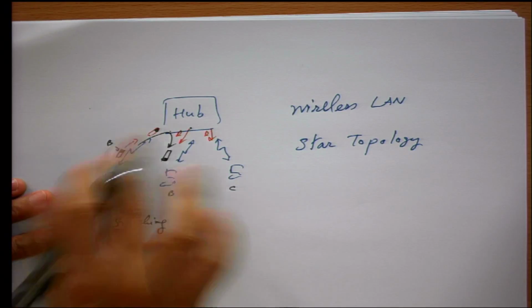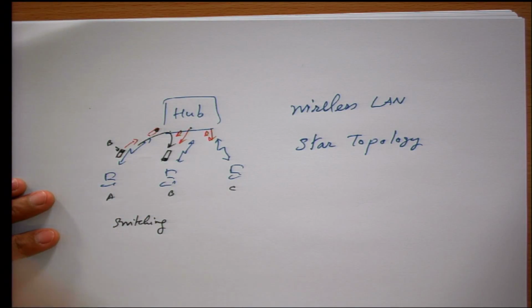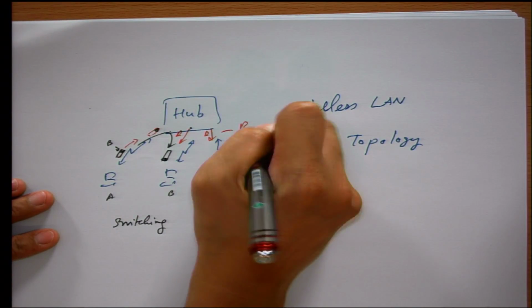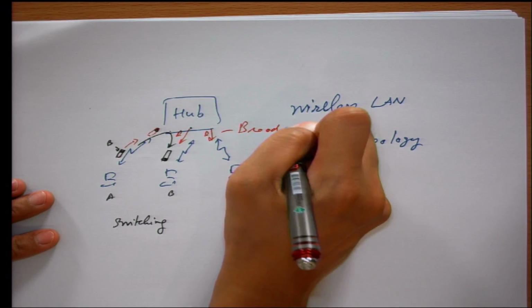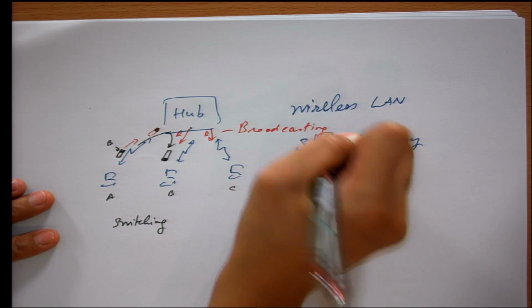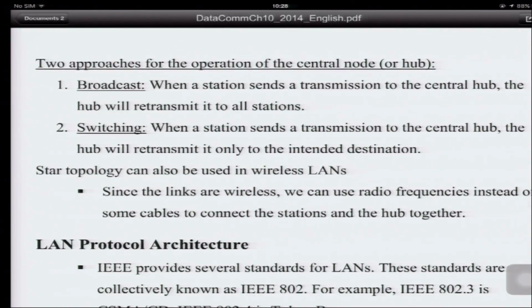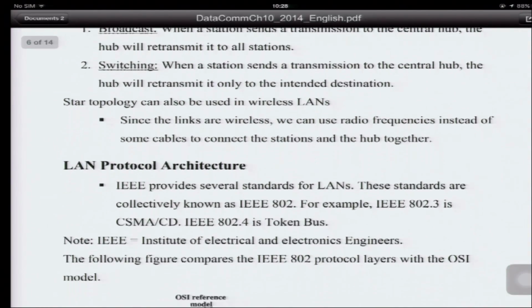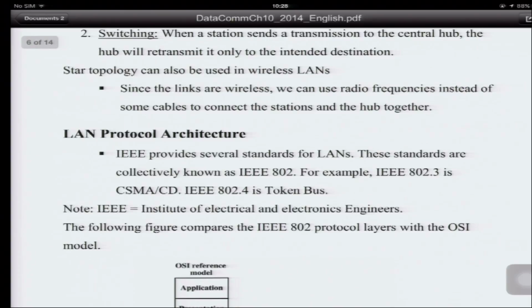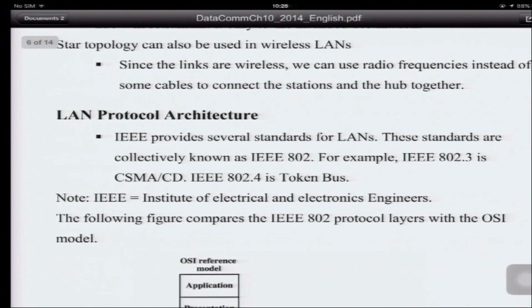Switching means that you just send to the correct destination, but broadcasting means that you send to everyone in the network. As I say, this topology used in the wireless LAN is good, and we can use radio frequencies instead of cable to connect the stations and the hub together.